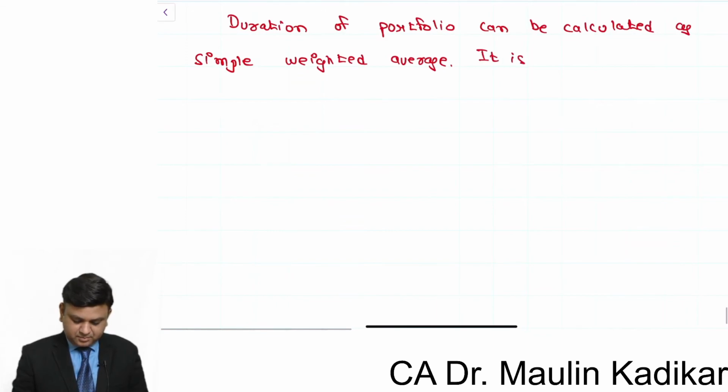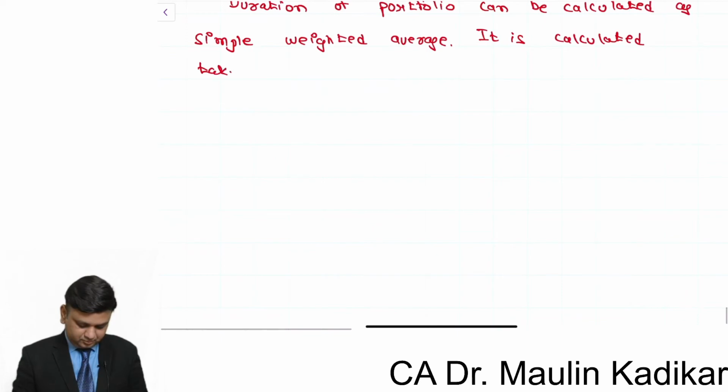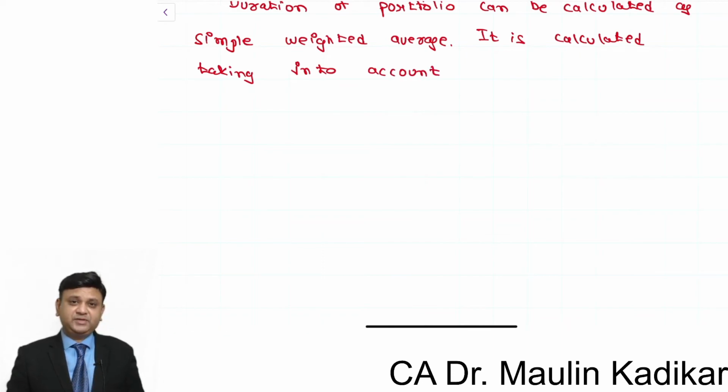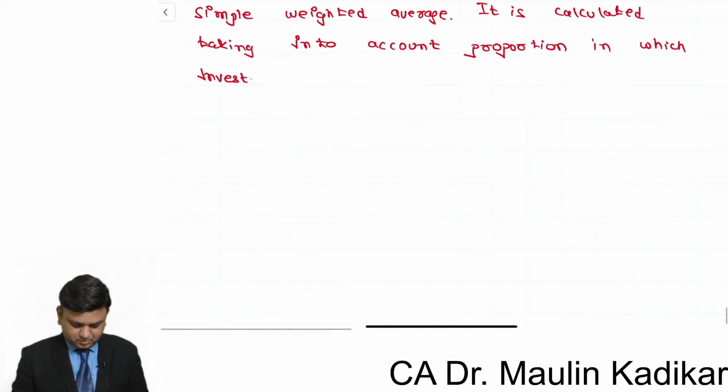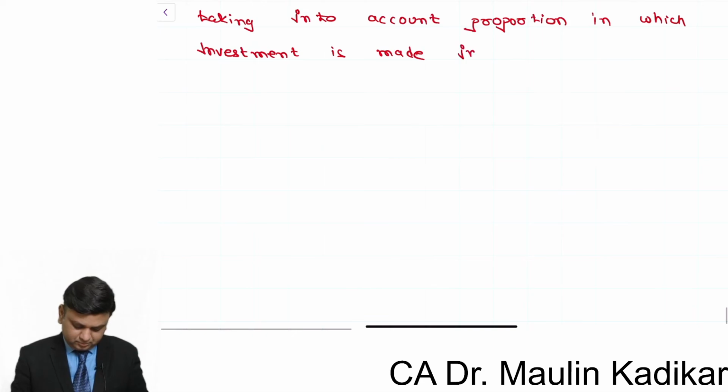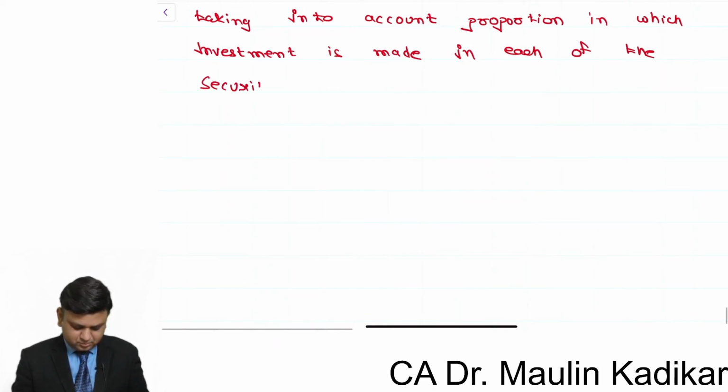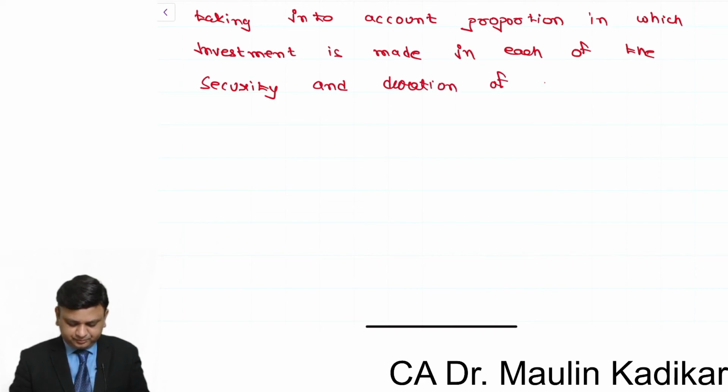It is calculated taking into account the proportion in which investment is made in each of the securities and the duration of each security. Full stop.